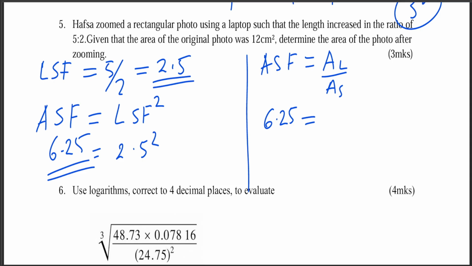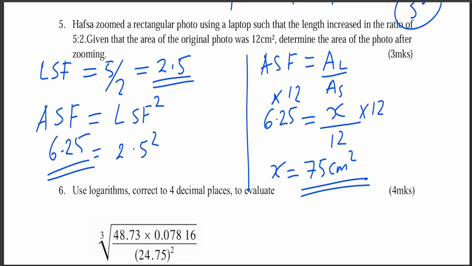The one that was zoomed sasa ndo the larger one, which you don't know, x. So we multiply 12. The area of the larger one, after zooming, will be 6.25 times 12, which is 75 centimeter square. Simple as that.